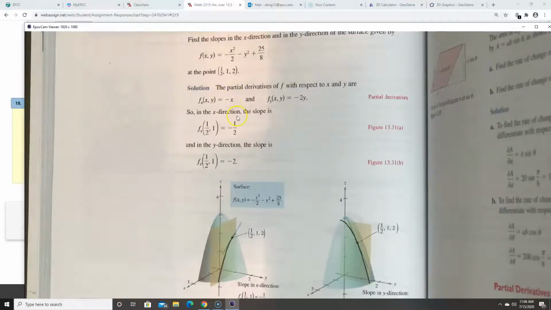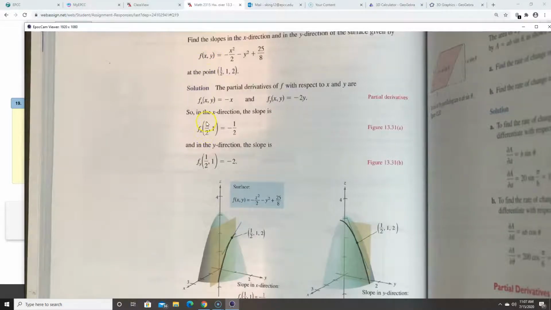And therefore the slope at this point, at the domain value point, which was the 1/2 comma 1, whose mapping comes up to this point on the surface, but when you plug in the point to get the slope, you only plug in the x and the y variable.